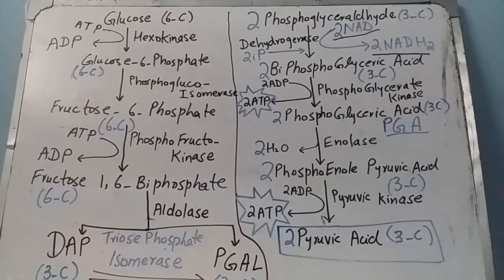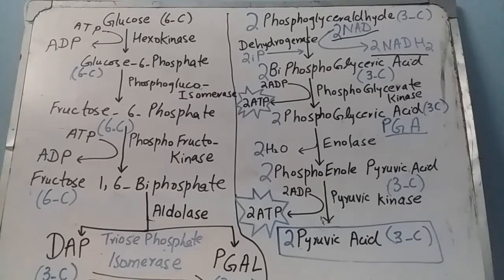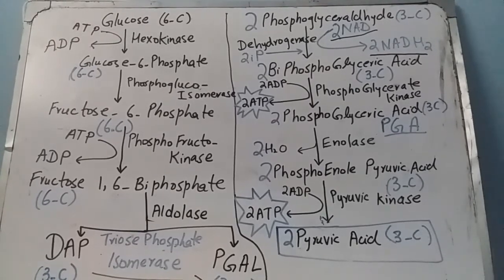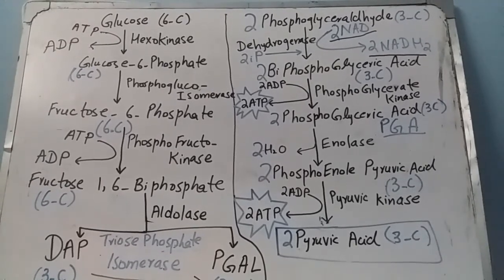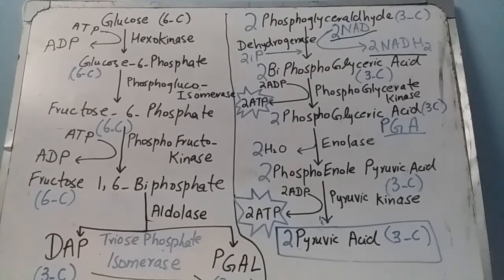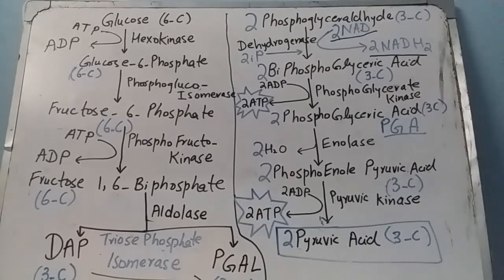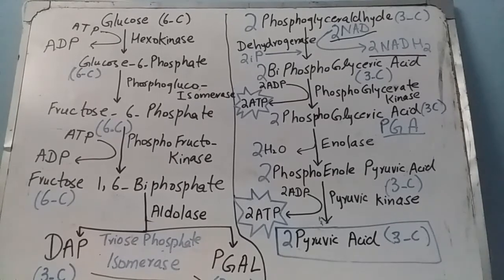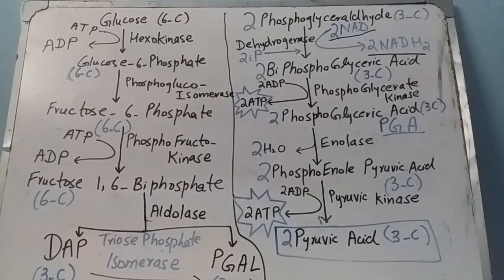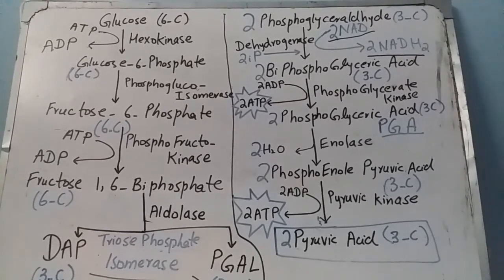You can see at the start is a glucose molecule, a 6-carbon compound, and at the end there are 2 molecules of pyruvic acid, which is a 3-carbon compound, with the net production of 2 ATPs and 2 NADH2.